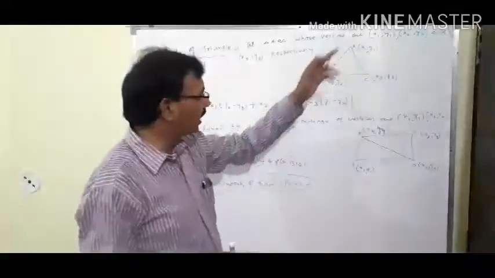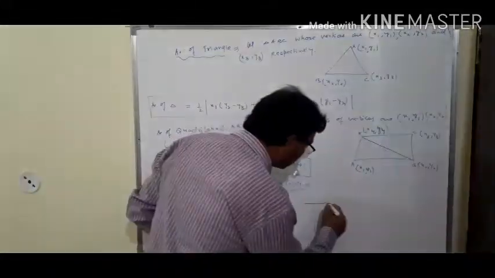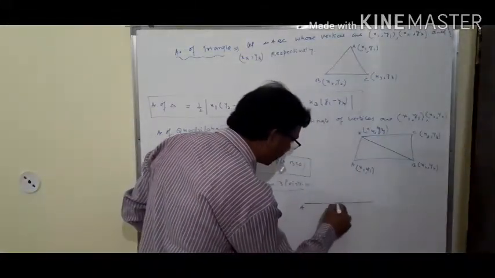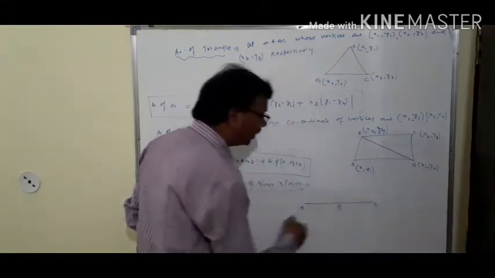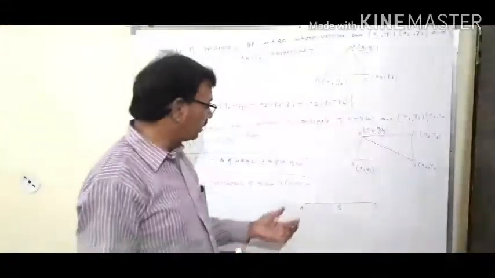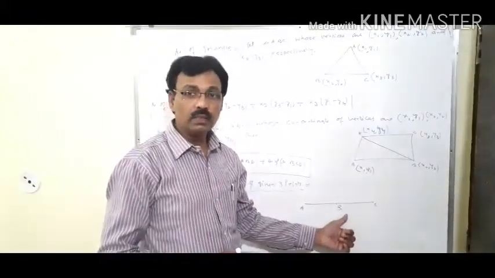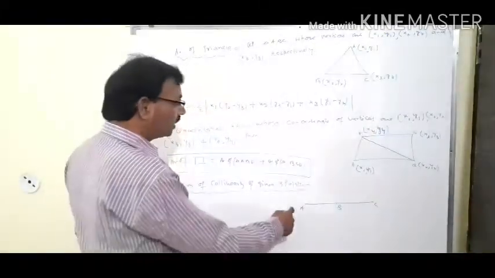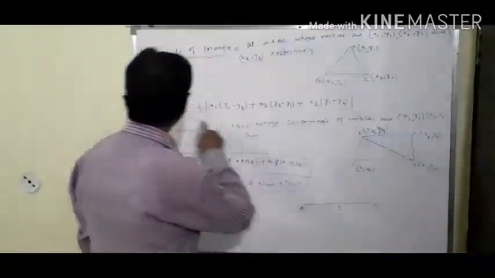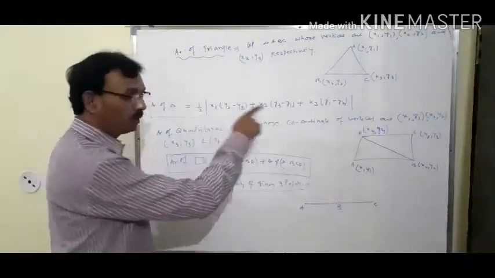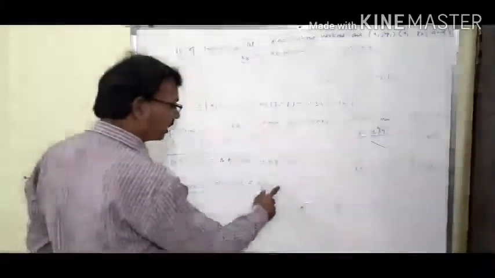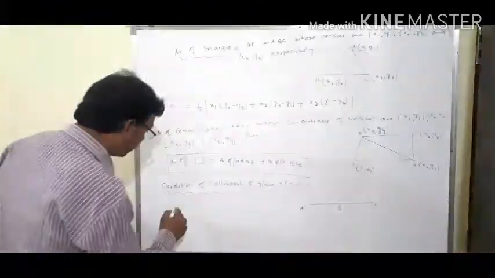But if these points lie on a straight line A, B, C, then we can't form a triangle with the help of these points. That means if these points lie on a straight line, then the area of the triangle will be equal to 0.